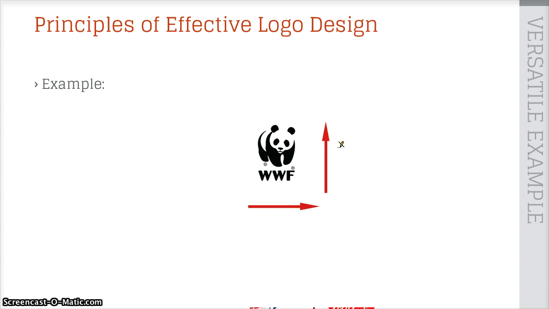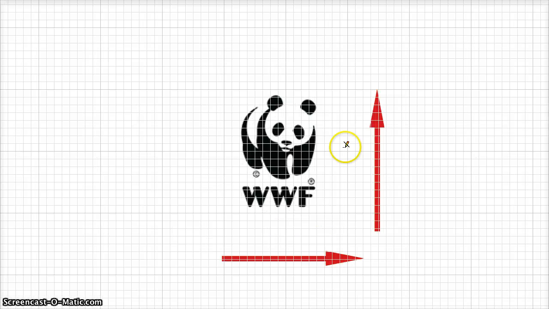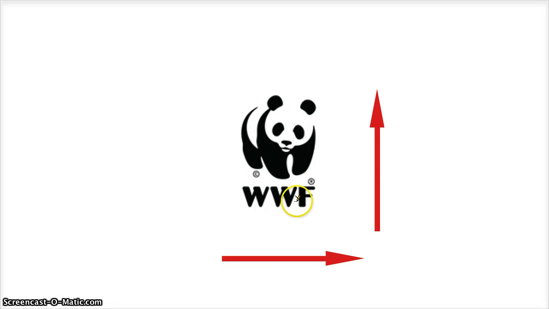I'm going to turn on my grids and zoom in. Let me turn it off real quick so I can show you. Now this is just an image, not a vectored graphic. It's a JPEG, so you can notice some static on the edges. Very normal.